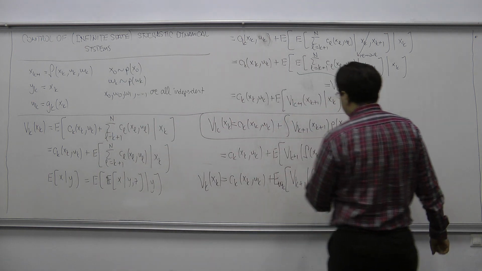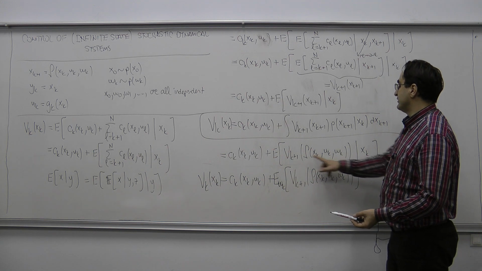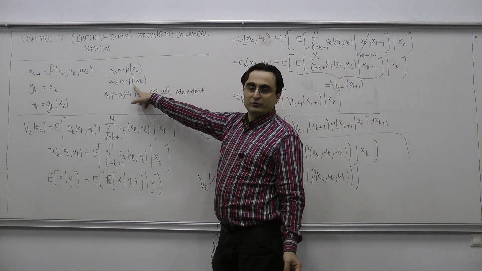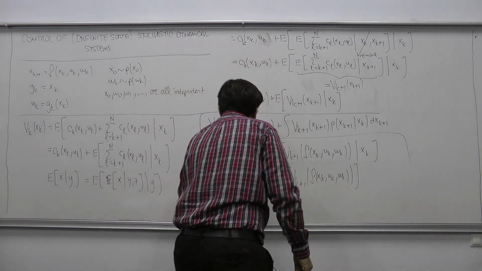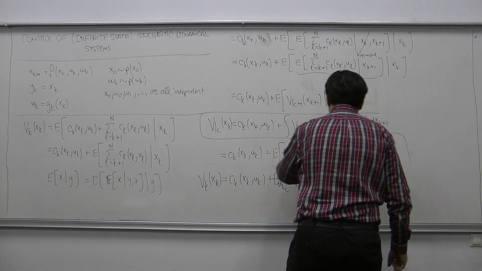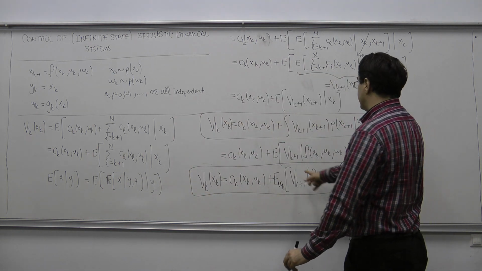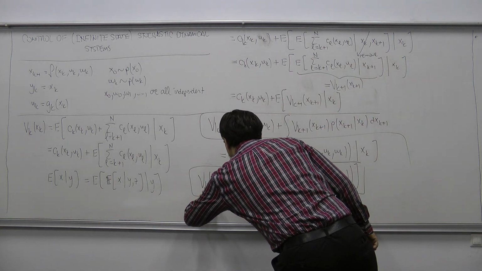So then what is this expected value? It is nothing but this quantity times the process noise distribution in an integral. So this is our final formula, but if I would like to write this expectation in integral form, what I can do is this.